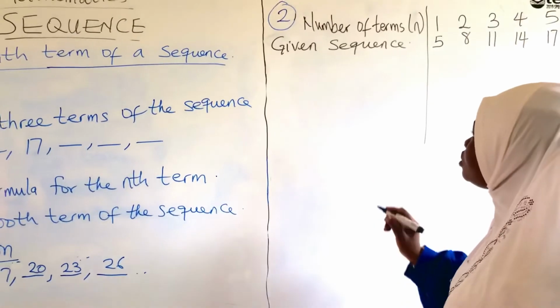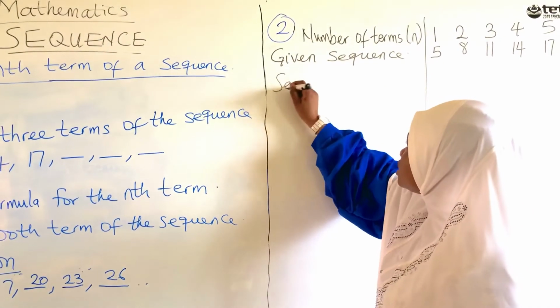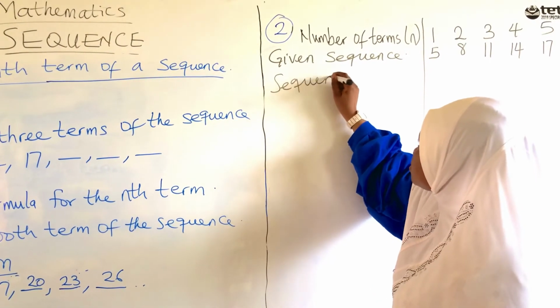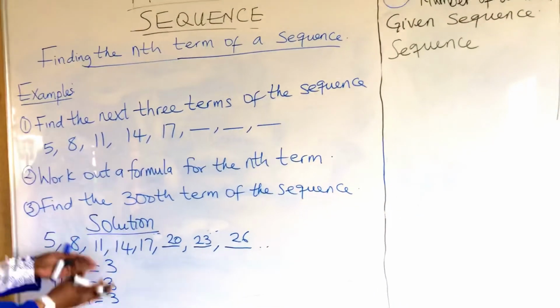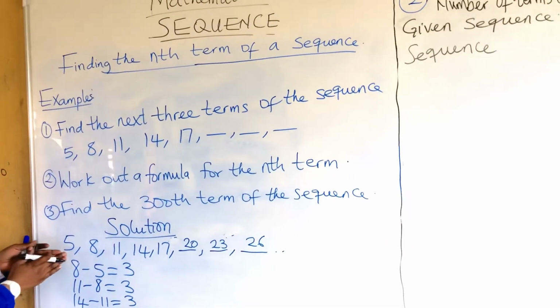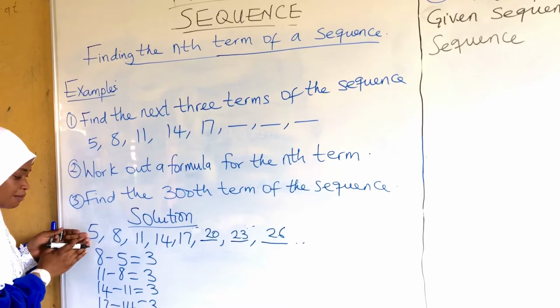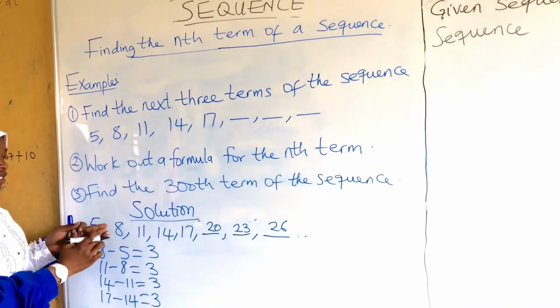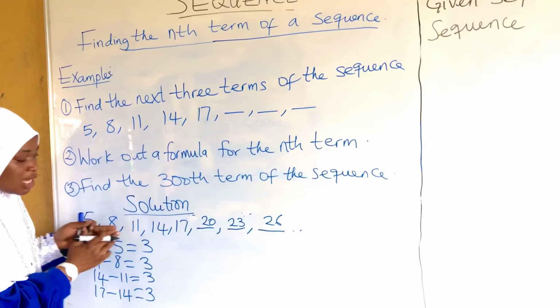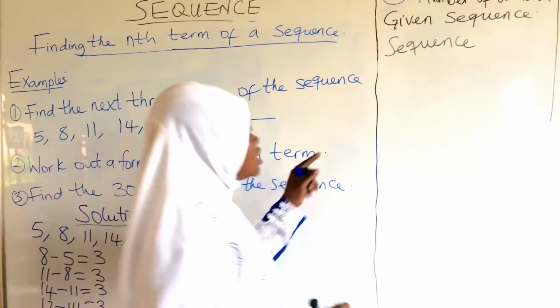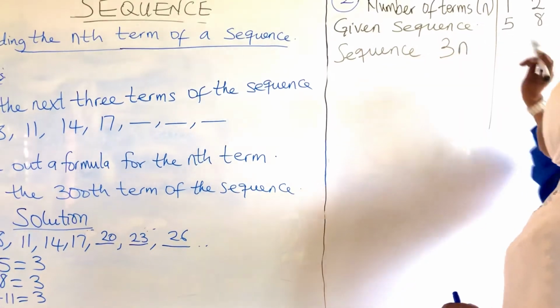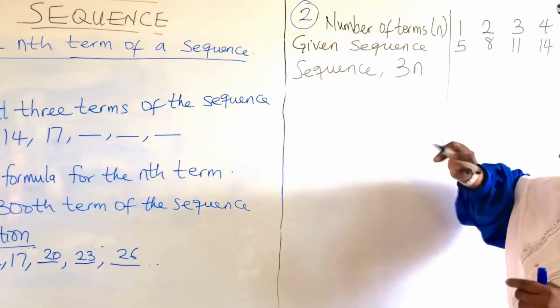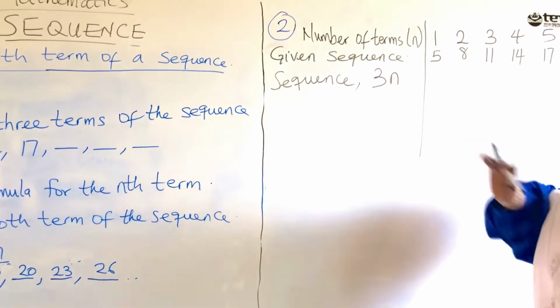Now, after that, you now say sequence. So, what connects them? The rule that governs them is the addition of 3. Addition of 3 to the first term to give you the second term, addition of 3 to the second term to give you the third term, and so on like that. So use this 3 to multiply the number of terms.